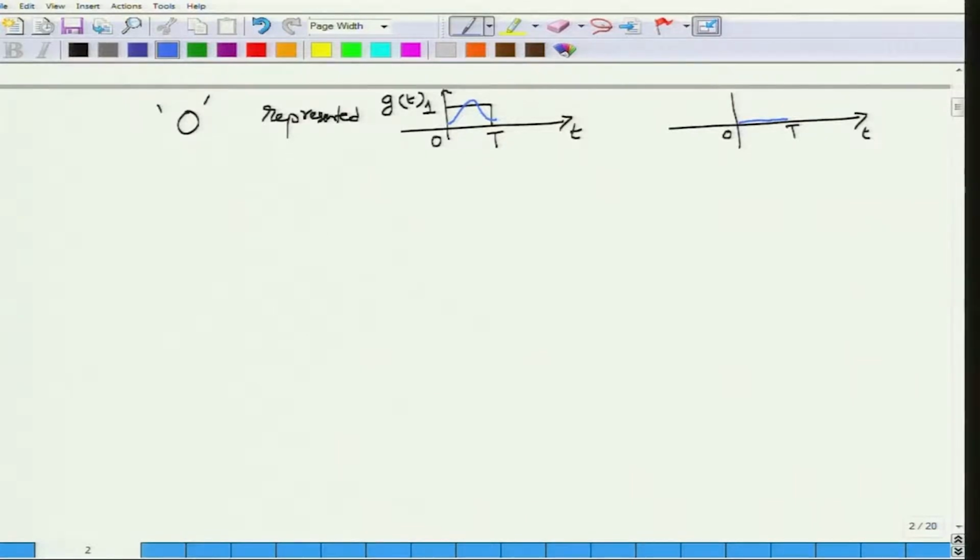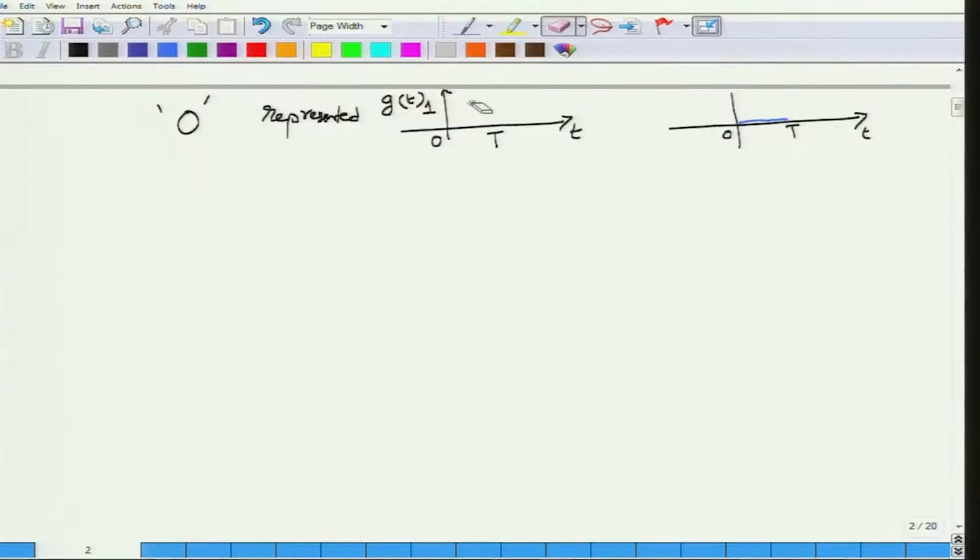Of course, you have to be consistent. You can't use the same waveform to represent two different symbols, then there will be a problem, right, because you look at the waveform and you won't be able to tell whether you have transmitted a 0 or a 1. So you avoid that simple pitfall, and you are completely free to choose whatever waveform you want to transmit.